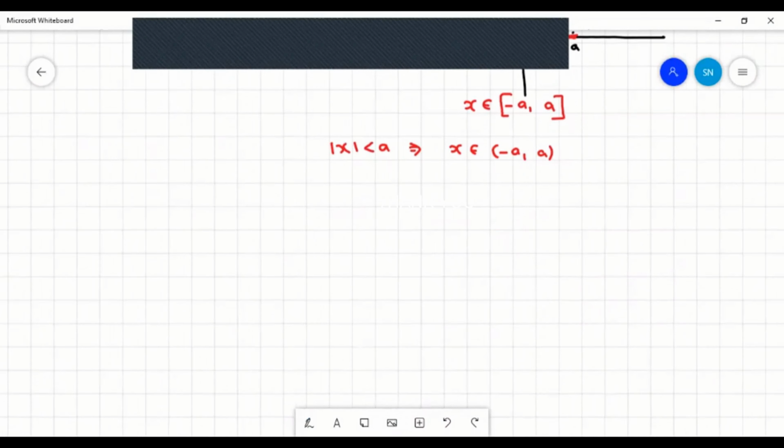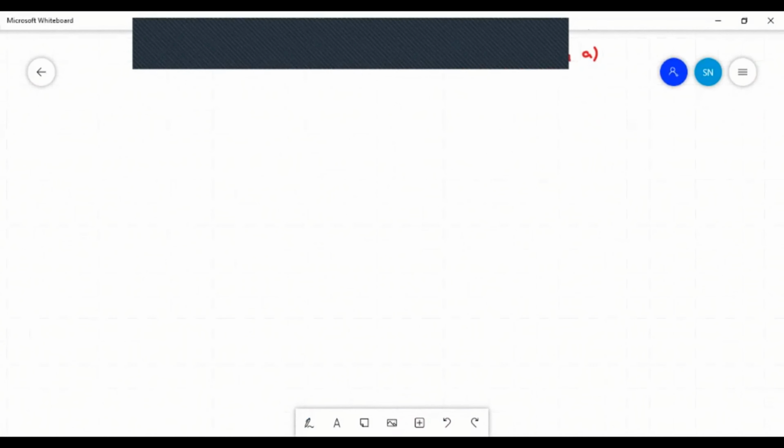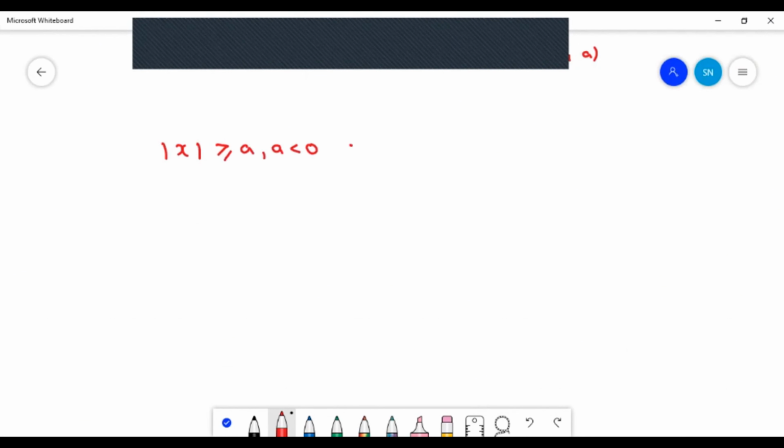The last point in this connection is modulus of x greater than a. Modulus of x is greater than or equal to a provided a is less than 0. And modulus of x is greater than or equal to 0, directly I can write it.